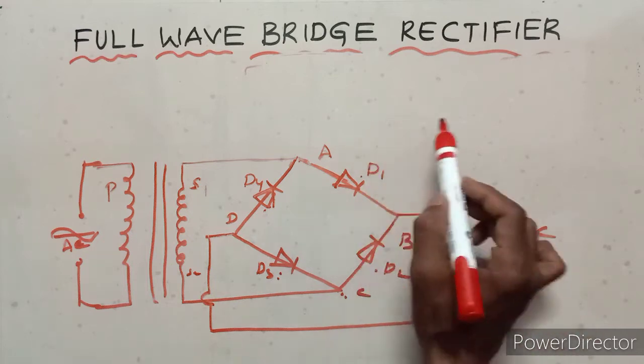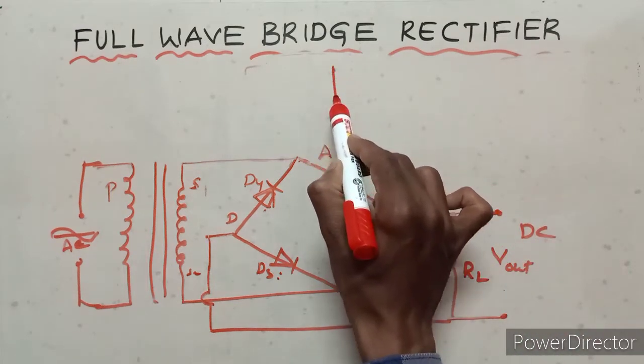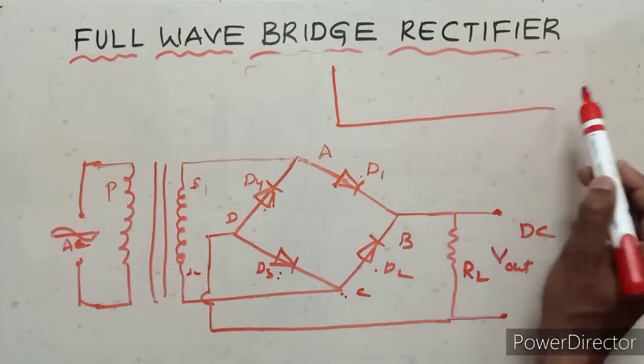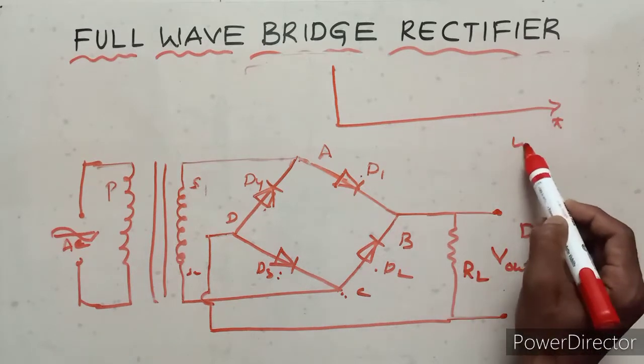In the graph, this is the time axis, omega t.